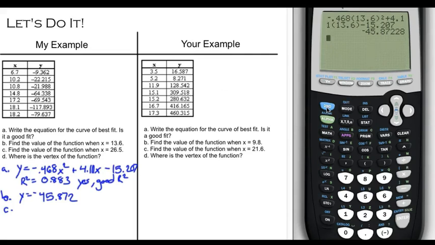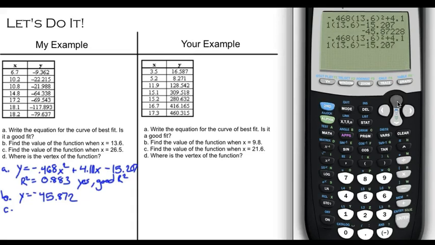And there's a nice trick for doing this. On my calculator, if I press second enter, it will bring up the very last thing I typed in, and now all I have to do is replace that 13.6 with 26.5, and that will save me quite a bit of time in typing, which is quite handy.